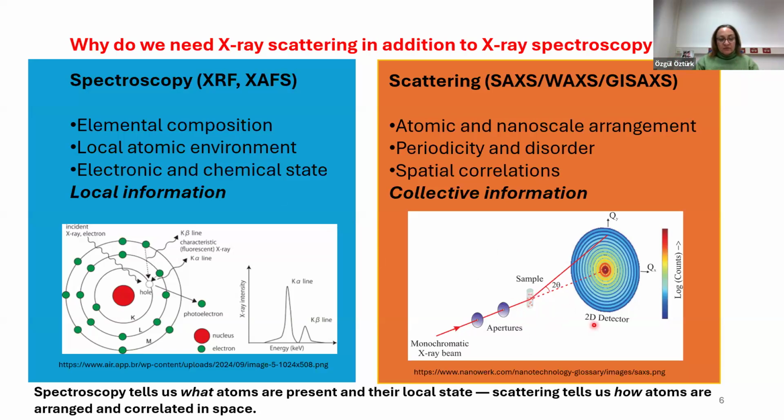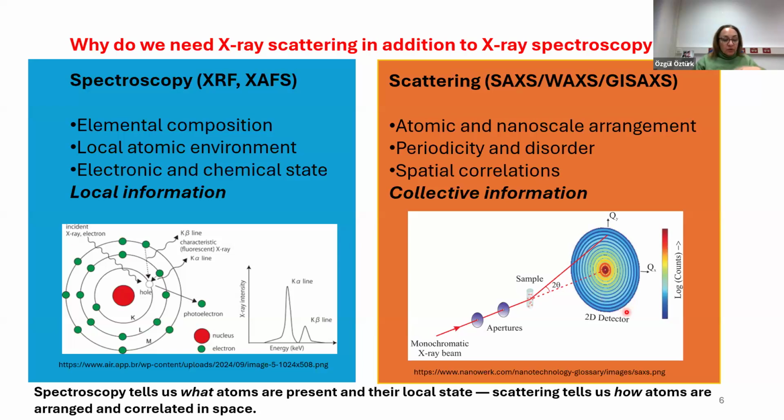Scattering is sensitive to spatial correlations, as I said. It tells us how many atoms act together, where there is disorder, where there is periodicity, if there are any emerging patterns you can see by scattering.